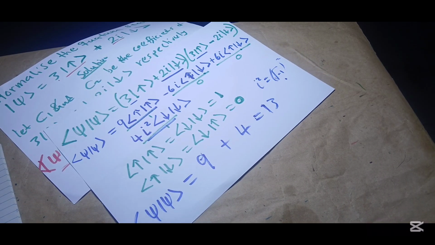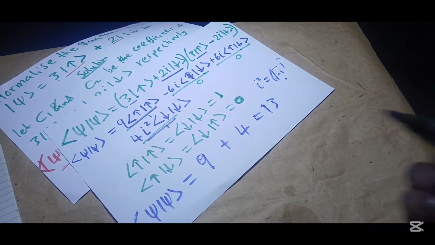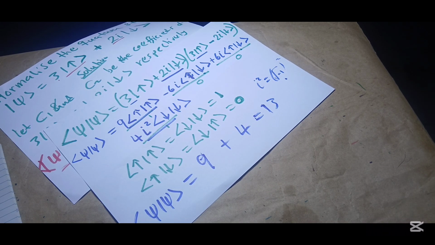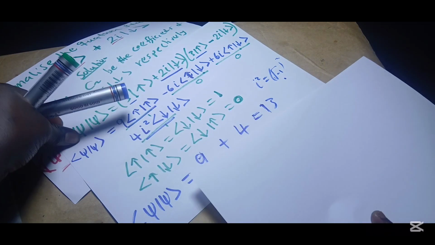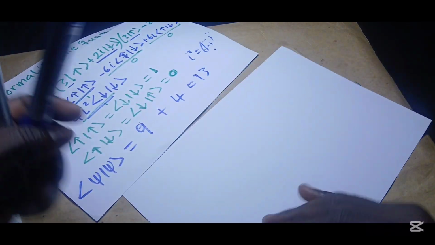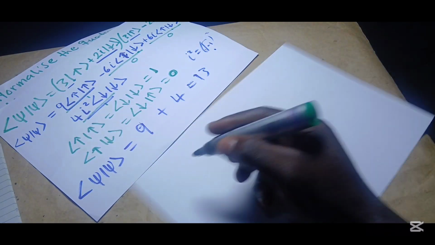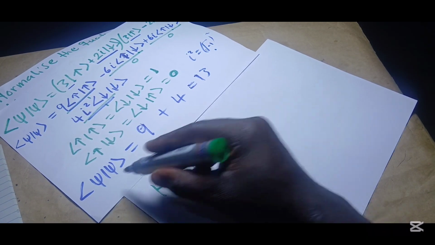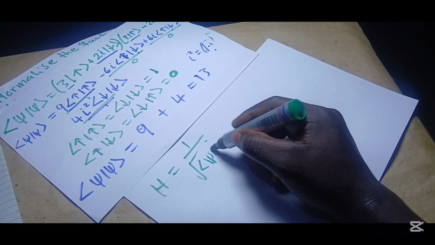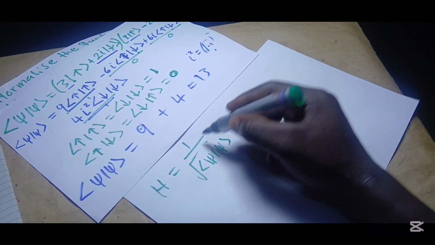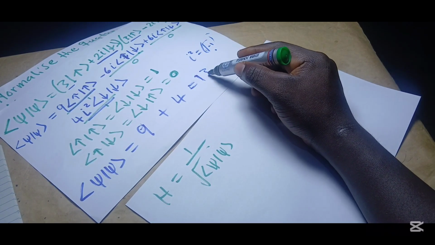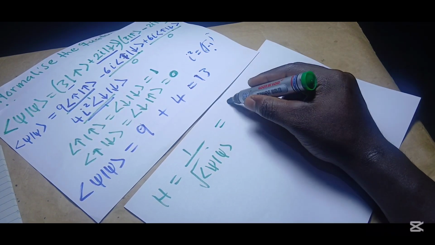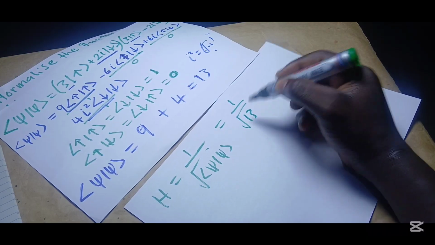13. Then after we are done with this, we calculate our normalization constant. The normalization constant is just going to be the same formula. So N equals 1 over square root of bra psi, ket psi. In this case, we had it to be 13, so equal to 1 over square root of 13.